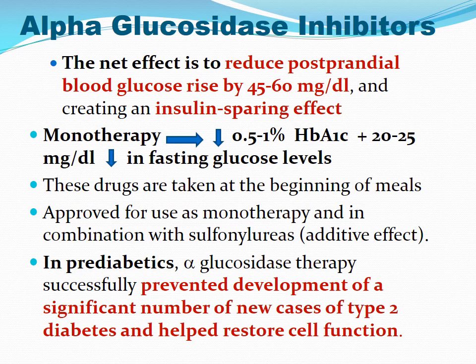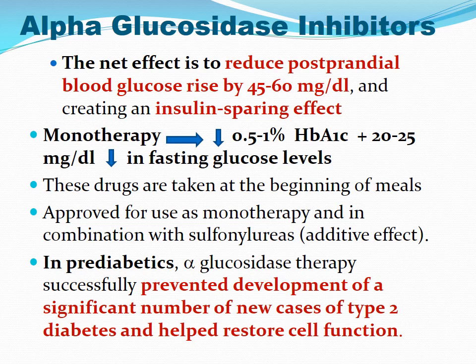As monotherapy, they tend to decrease HbA1c by 0.5 to 1% plus a 20 to 25 milligram decrease in fasting glucose level. These drugs are taken at the beginning of meals. They can be used as monotherapy or in combination therapy with sulfonylurea, where they produce an additive effect.